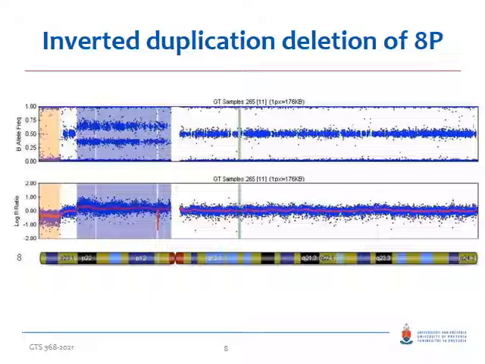I hope this will give you a better idea how to interpret the log-R ratio and the B allele frequency in a SNP array.